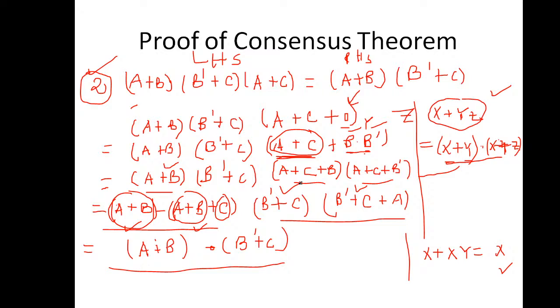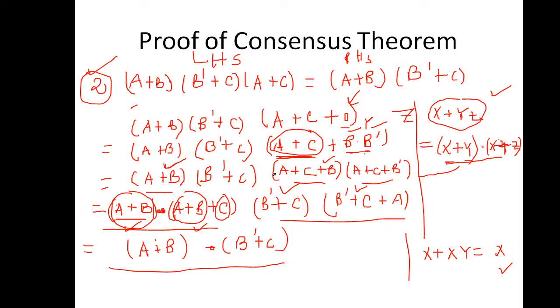Now the next part. How many terms do we have? In the next line, we have 4 terms. We have taken the first term and the third term. The first term is a plus b, and then the second term is a plus c plus b, but I have rearranged it as a plus b plus c, because using the law also you can write that.